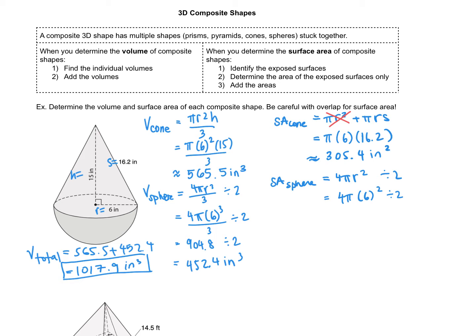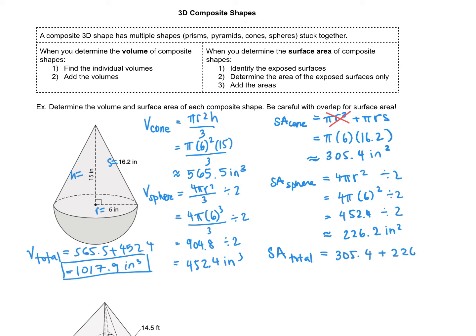And when we put that into our calculator, we get 452.4 for the entire surface area of a sphere with a radius of 6, but when we cut that in half, we get approximately 226.2 inches squared. And then we can add up that lateral surface of the cone with the half sphere to get the total.